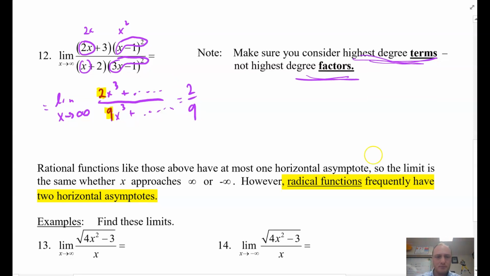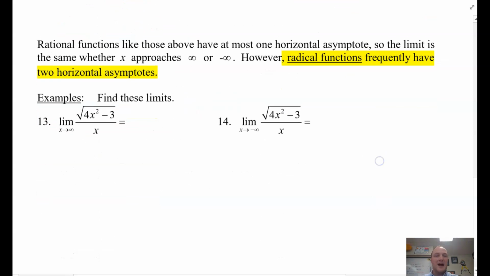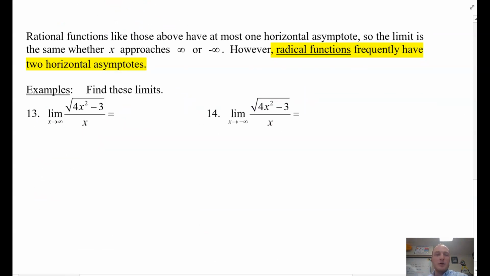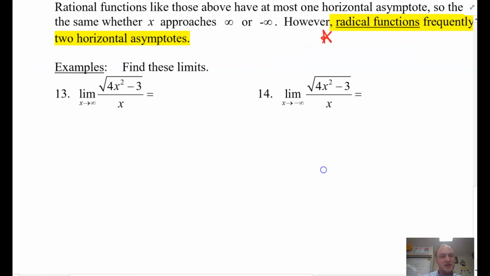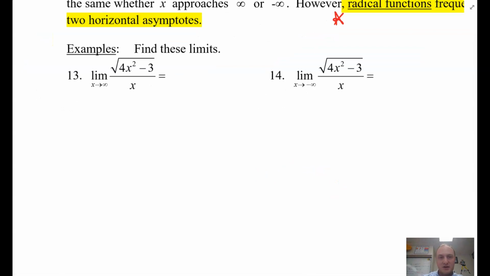All right, so those are rational functions. However, sometimes we get radicals thrown into the mix. This is important: radicals frequently have two horizontal asymptotes. So again, we're going to do some sign analysis, and we'll look at example 13. In example 13, they want us to find these limits. Again, we don't really care about these terms. What I'm going to do is simplify the numerator.